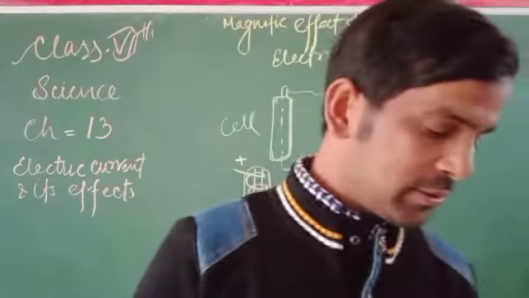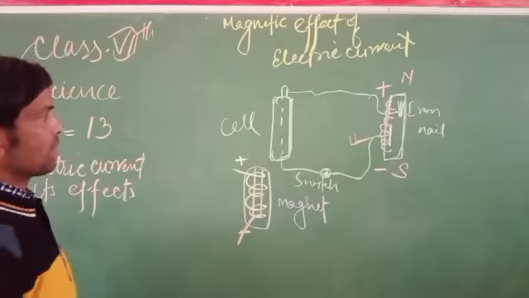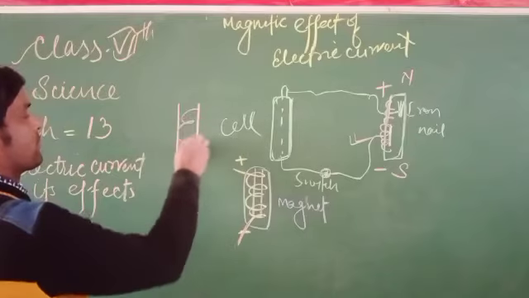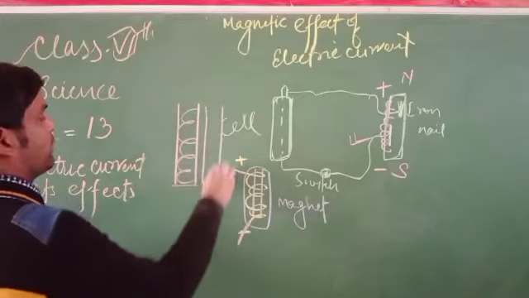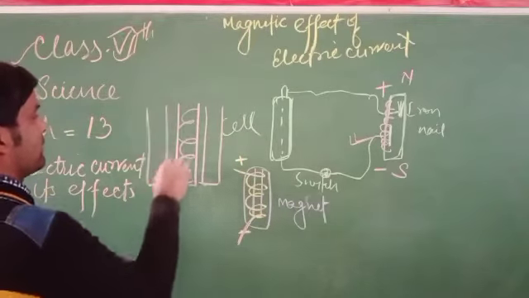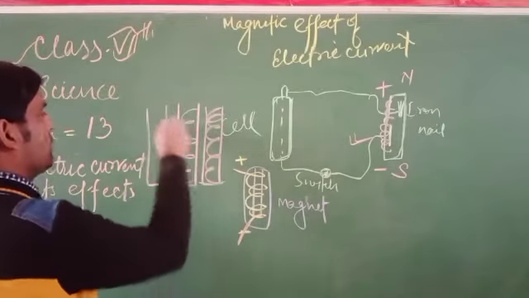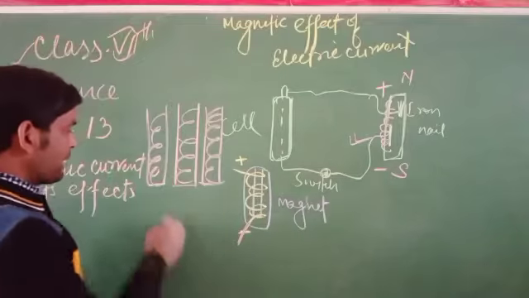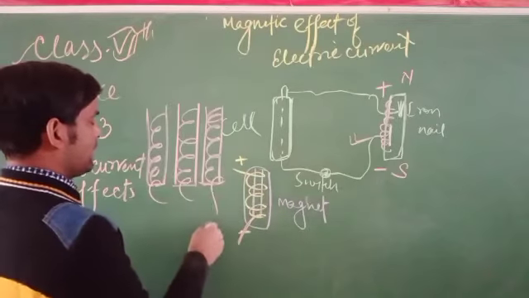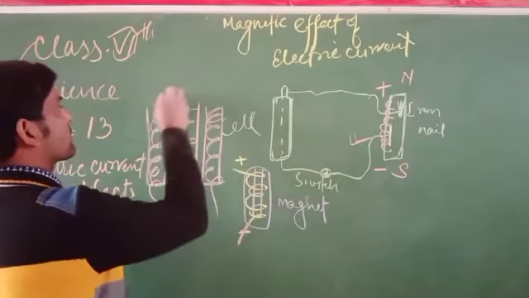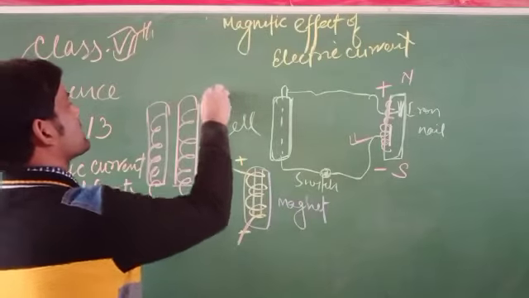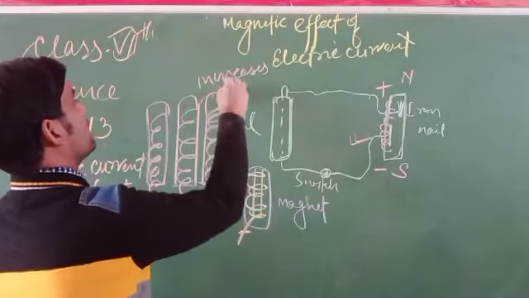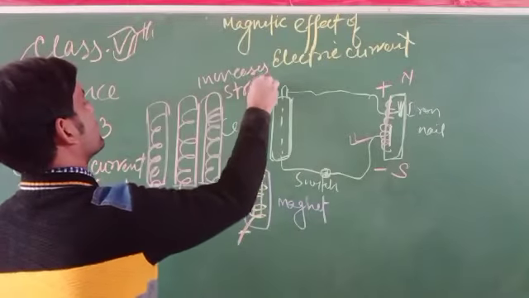How does it work? When there are a number of magnets through which the electric supply goes, by supplying the electric current, it raises or increases its strength.